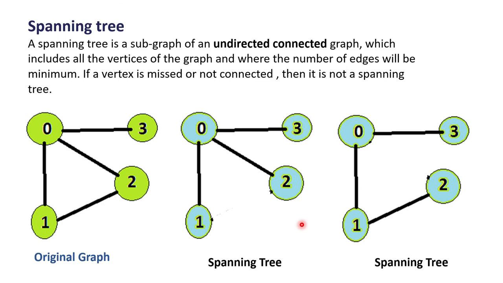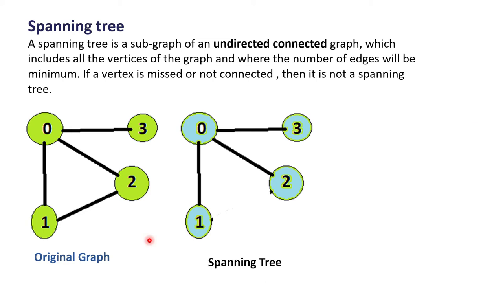This is also one example of a spanning tree, where by using minimum edges we can connect each and every node, derived from the original graph. Another spanning tree will be possible if we delete this edge, then these three can make another kind of spanning tree. So this is all about spanning tree.